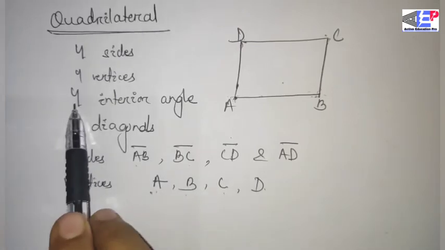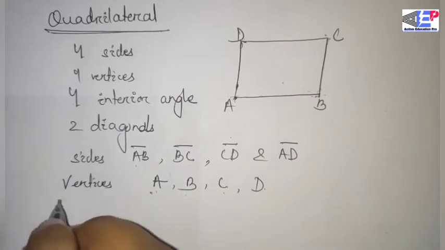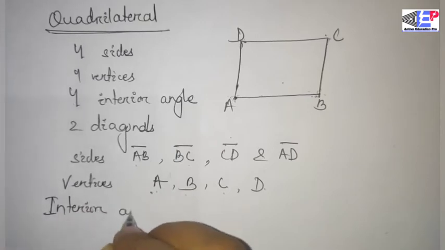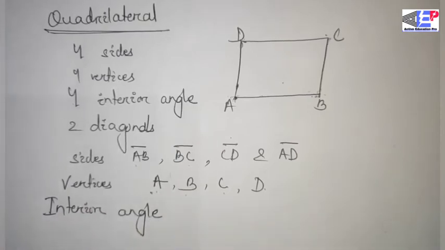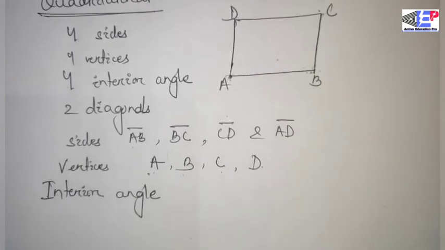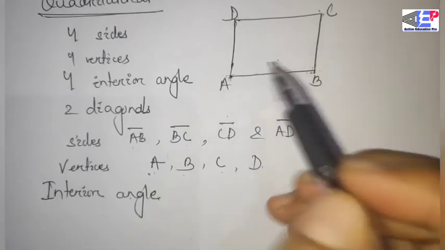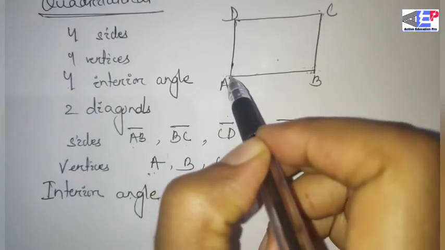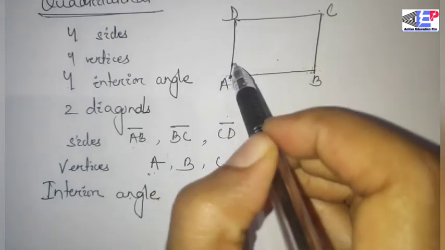Then next, 4 interior angles. In my last video we already said that angles are of 2 types: interior angle and exterior angle. First know about interior angle, then step by step we will learn about exterior angle. At the vertex, these 2 sides make an angle.